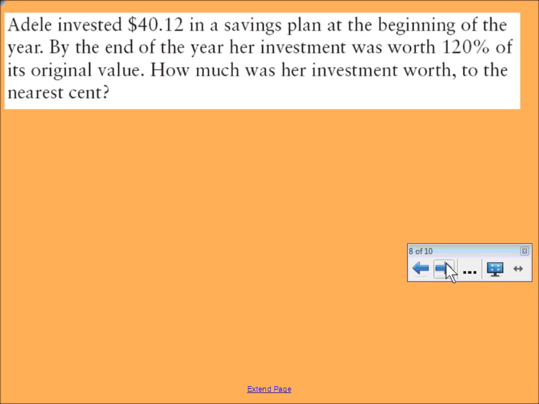Adelaide invested $40.12 in a savings plan at the beginning of the year. By the end of the year, her investment was worth 120% of its original value. How much was her investment worth to the nearest cent?